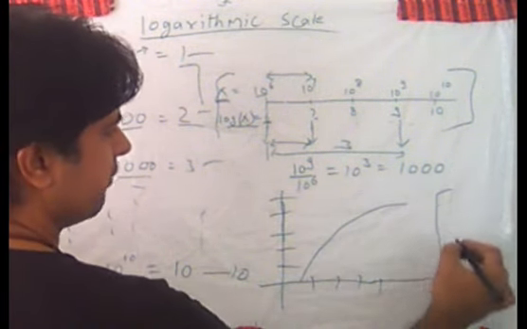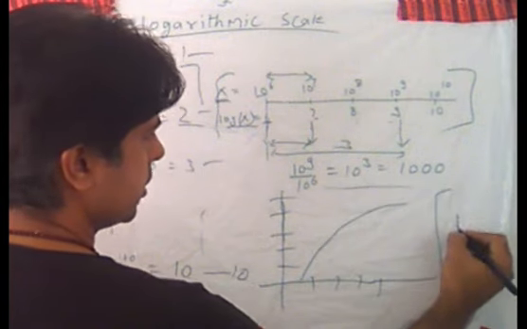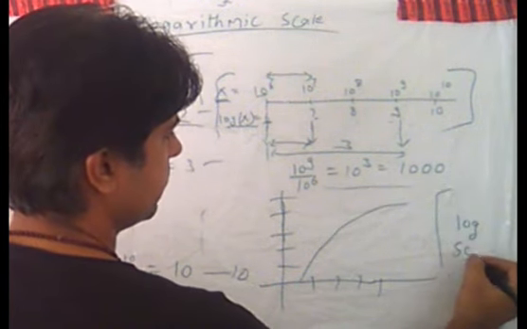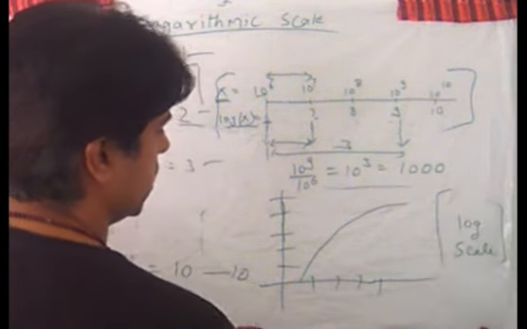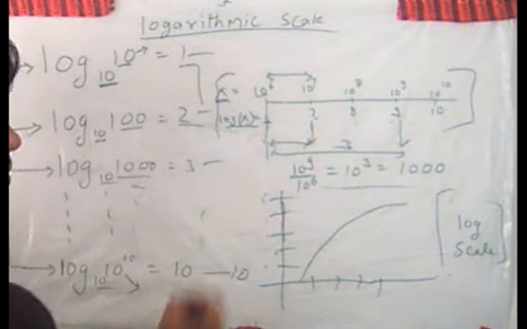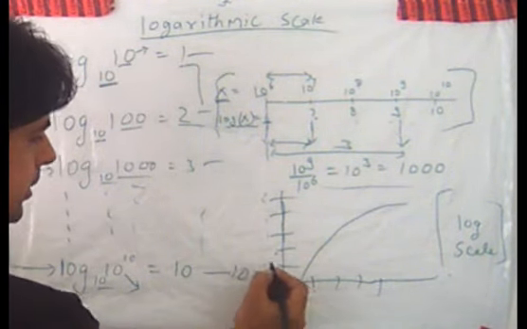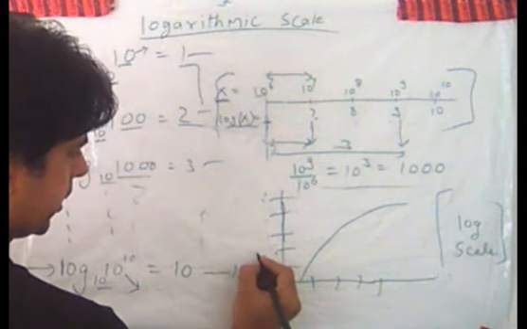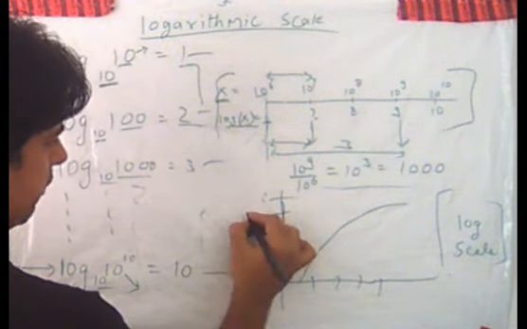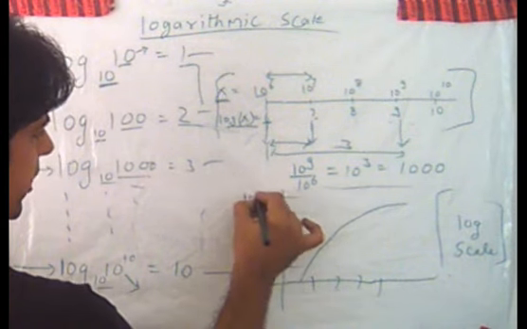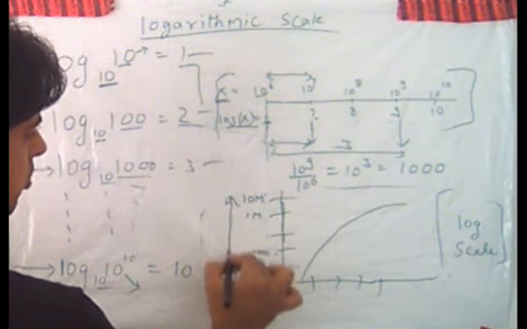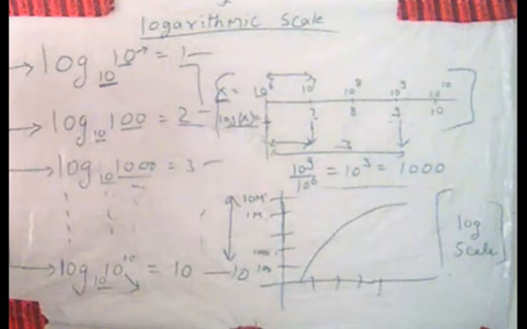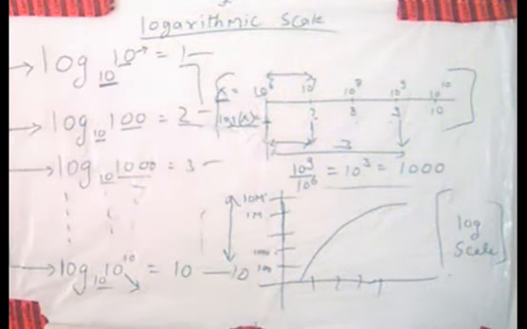And there is a note somewhere here or here. It says log scale, right? So this is not linear. Mostly you will find these numbers as 100, 1000, somewhere 1 million, 10 million. This is log base 10 scale, right?